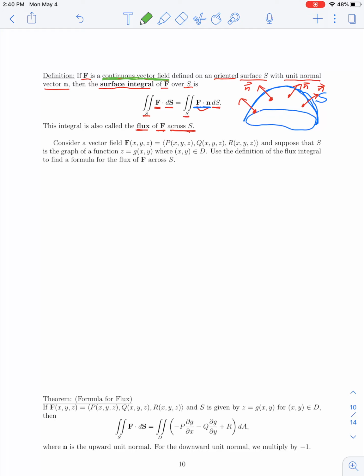An easy way to think about this physically is maybe this vector field represents a velocity field of some fluid moving through 3 dimensions. So at any point on my surface, my fluid velocity is acting in some direction. Maybe we have flow inward and outward at different points with different magnitudes.